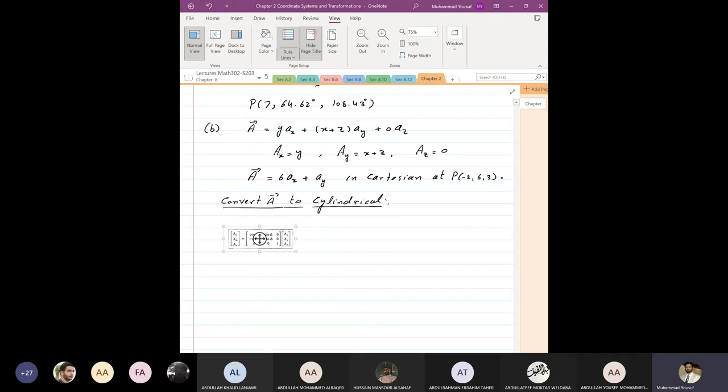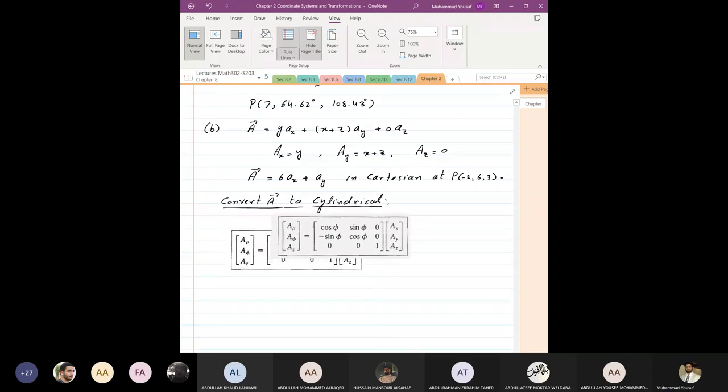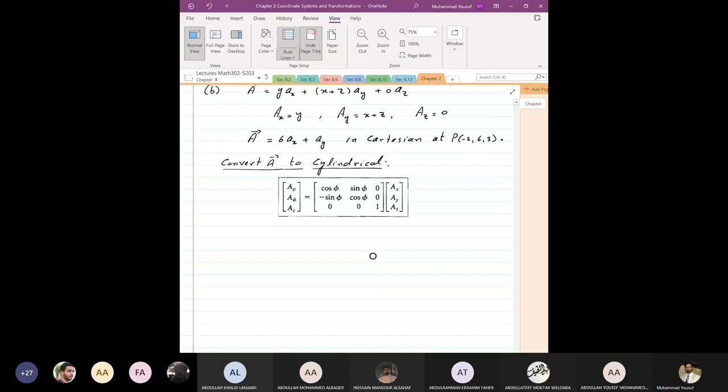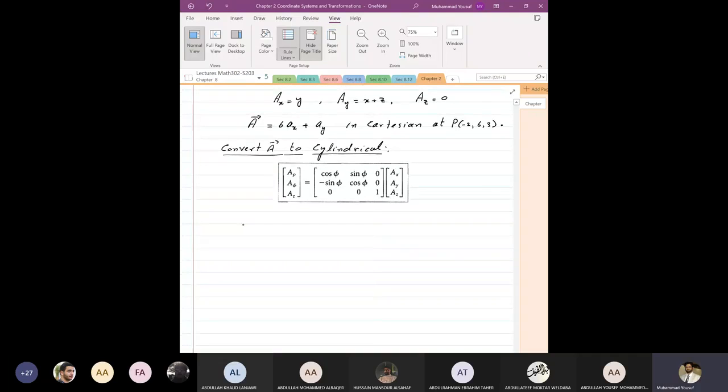You need to use these transformation equations, with rho component, phi component, z component.